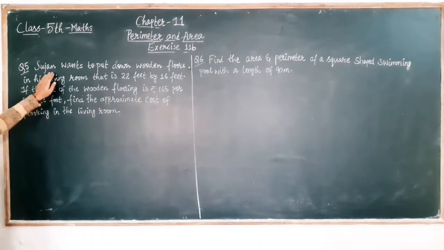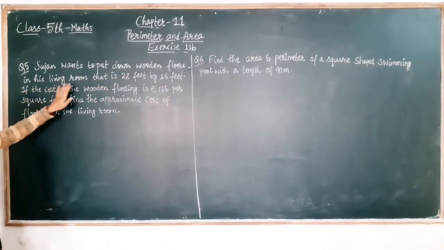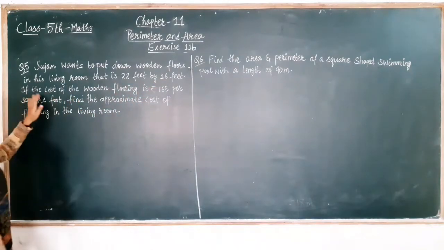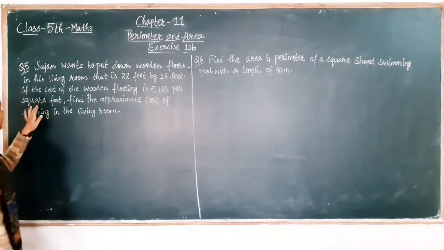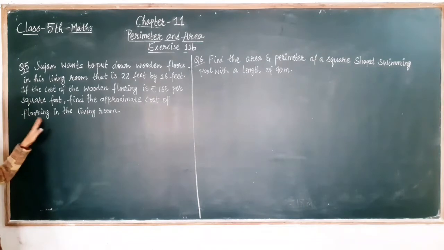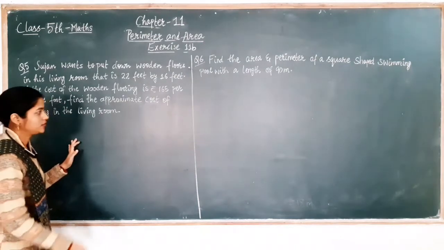That is question 5. Suzanne wants to put down wooden floors in his living room that is 22 feet by 16 feet. If the cost of the wooden flooring is rupees 165 per square foot, find the approximate cost of flooring in the living room. So firstly we'll find the area of the room.